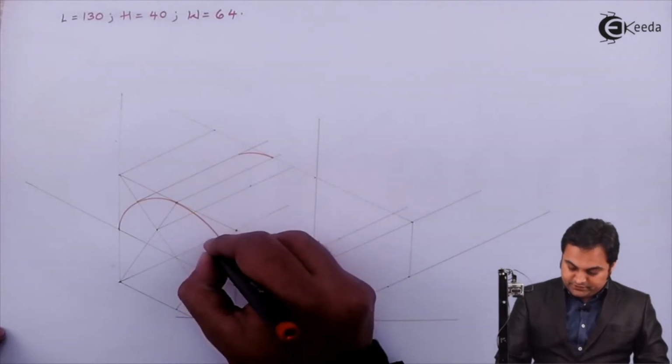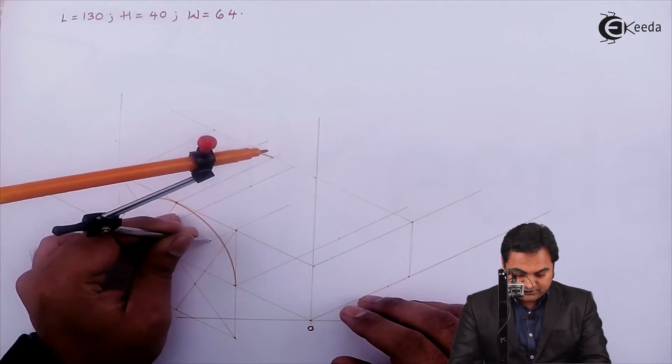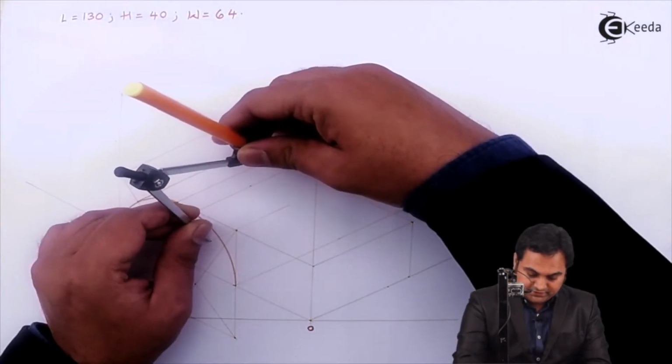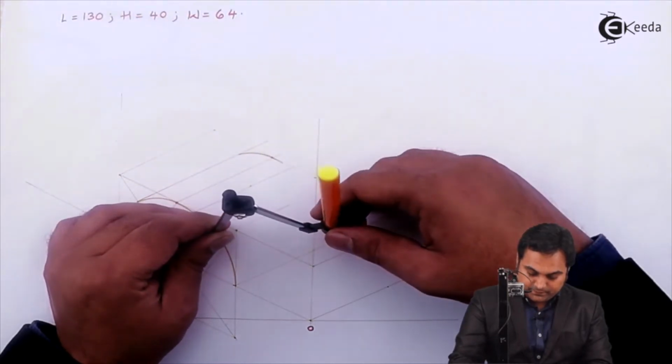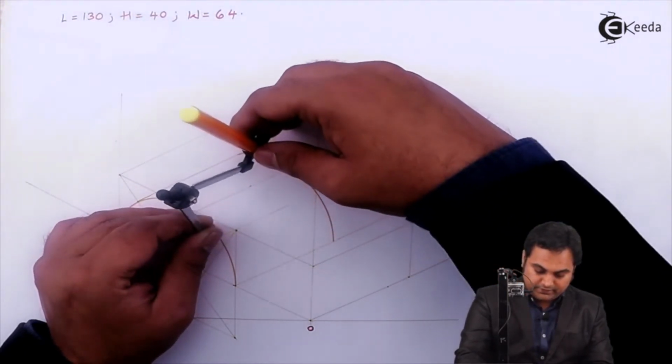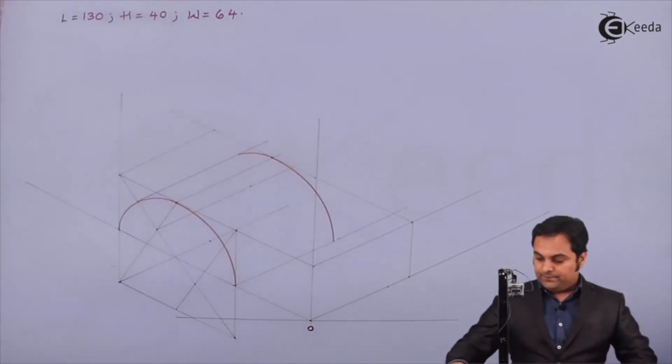So here I get this center point. Now this is the center, and here I can take this radius where this arc was ending and draw a light arc. So here is the semicircular portion.